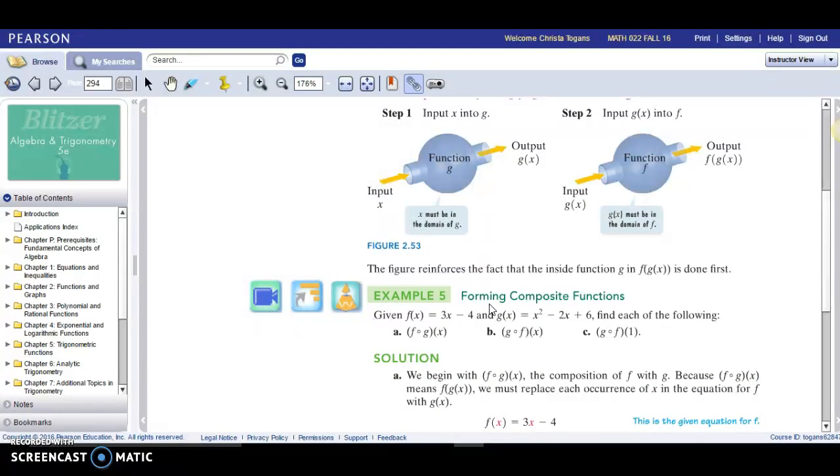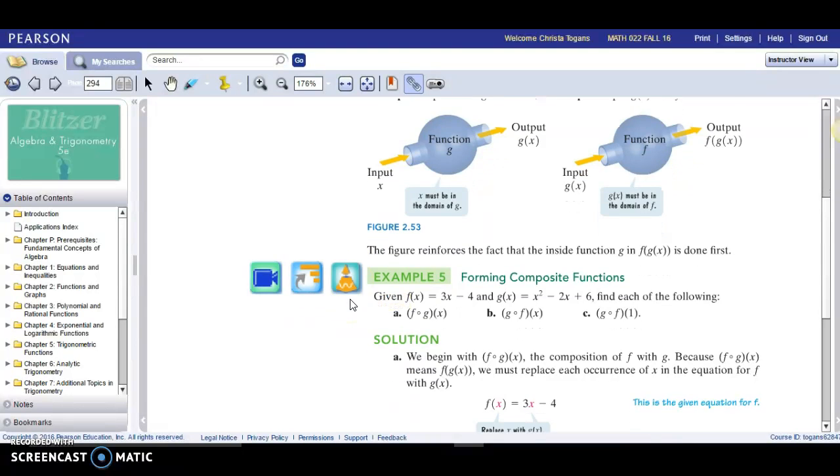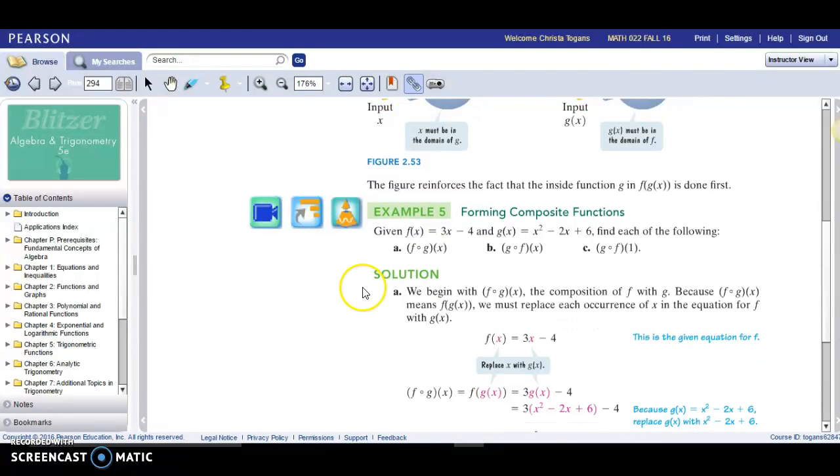Remember, if you have the online version of the textbook, you can click on an example that is a video, an animation, and a practice problem. So, in this example, we are forming a composite function.